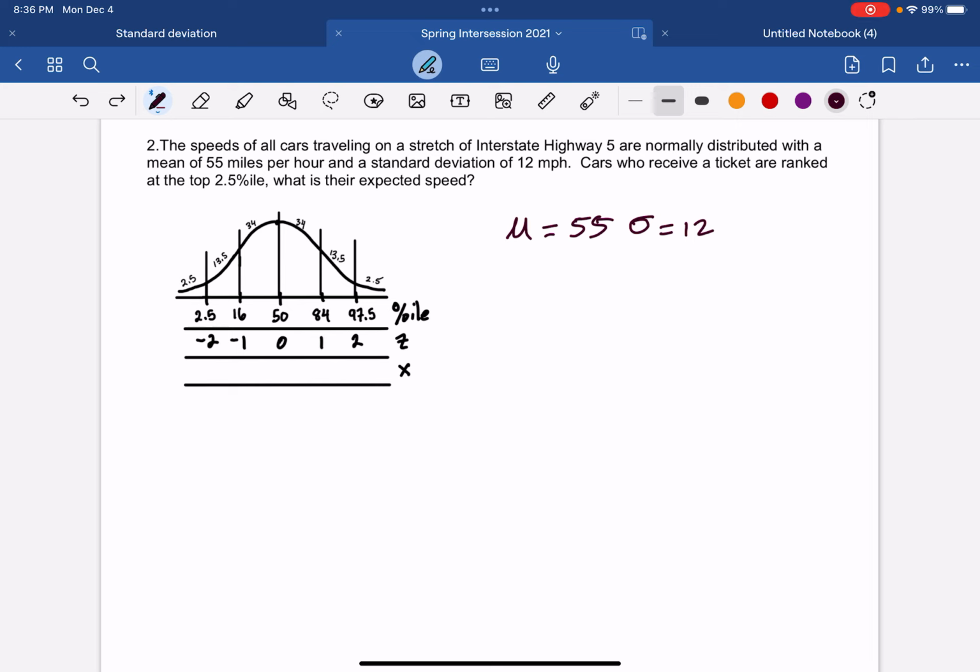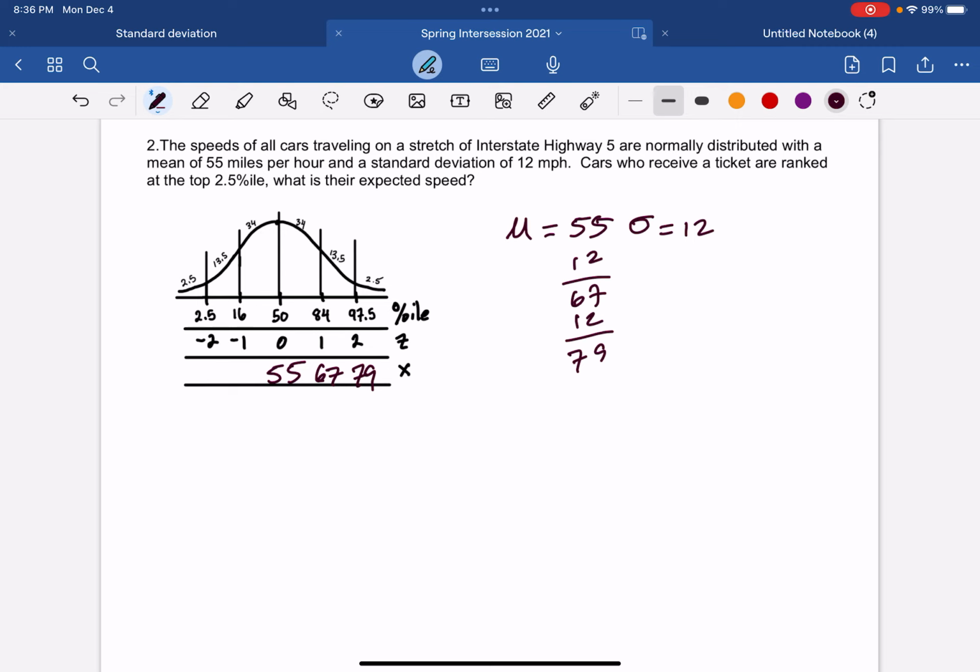So here we have 55 as the mean, and then adding 12 gives 67, another 12 gives 79. Hopefully that's right.